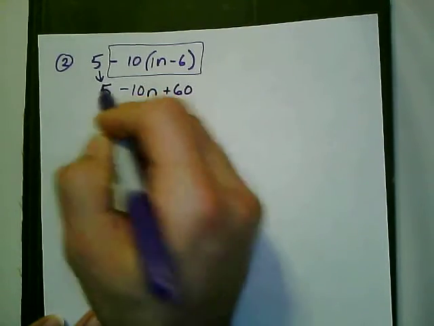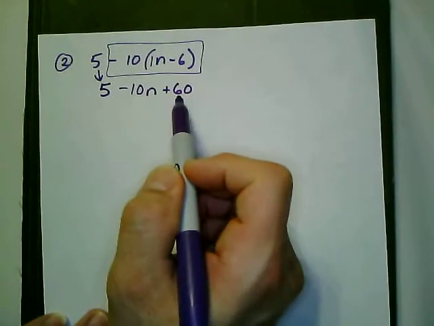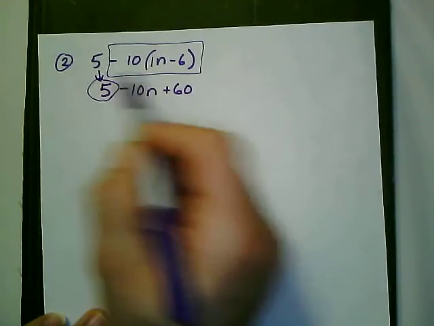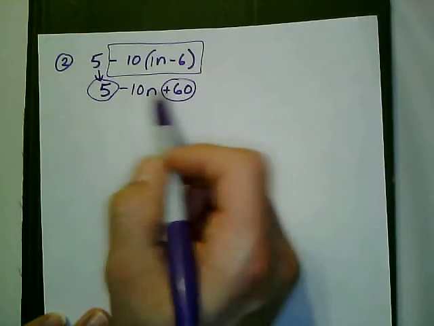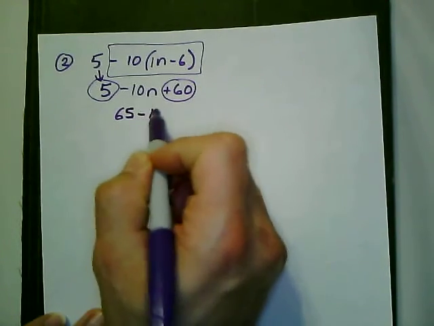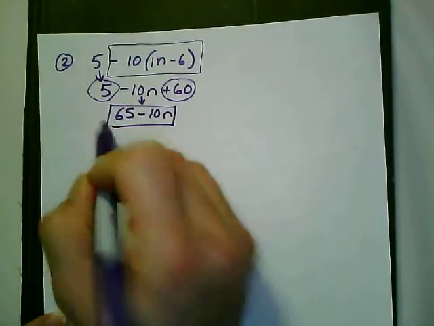Don't forget about that 5, bring it down. We use the negative as a minus. We combine like terms. This one has an n, no n, no n. So our no n's are like terms. 5 plus 60 is 65. We can bring down the minus 10n. And that is our answer.